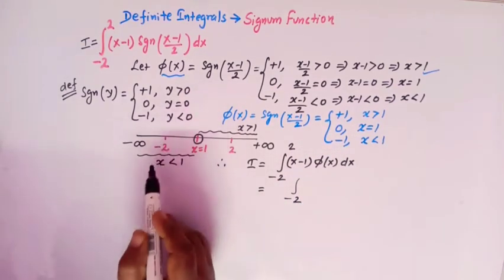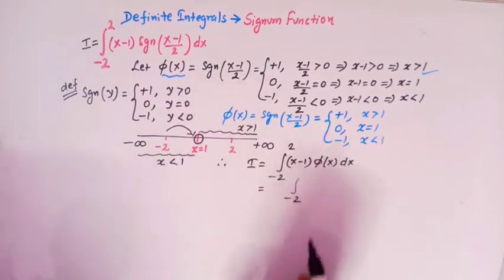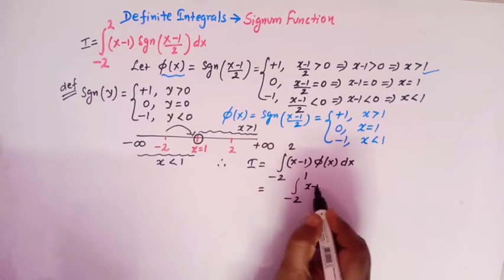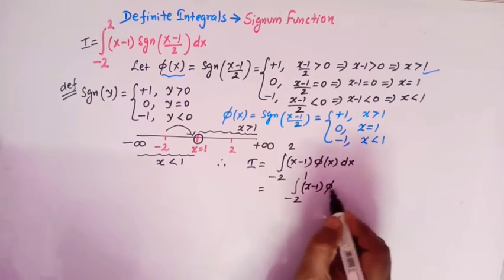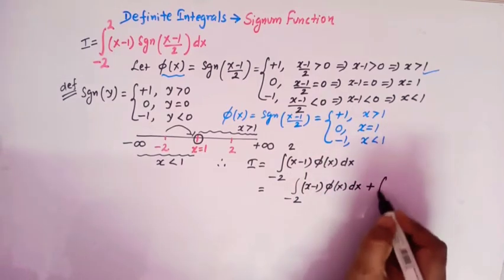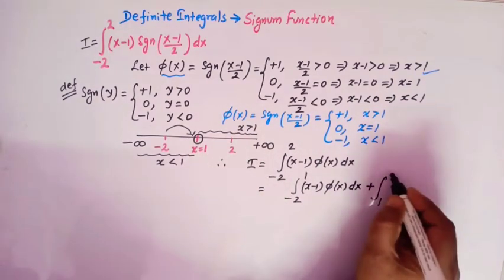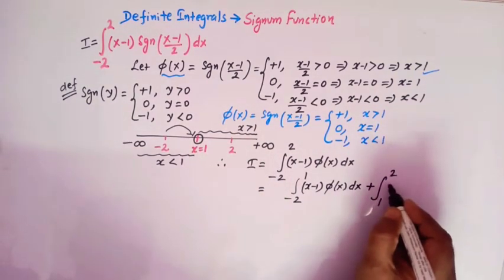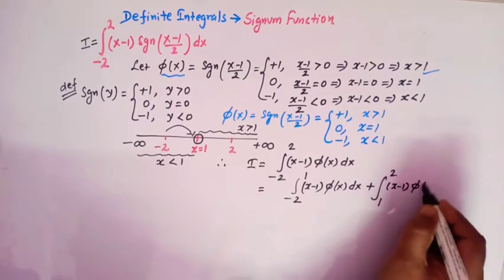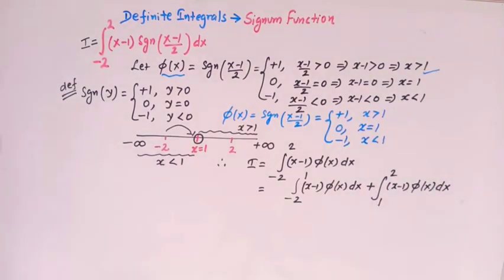First is from minus 2 to 1 of x minus 1 phi of x dx, and the second integral is from 1 to 2, where the integrand is x minus 1 and phi of x dx.